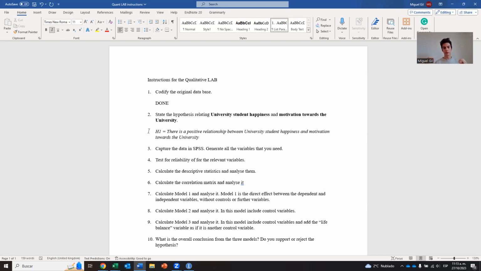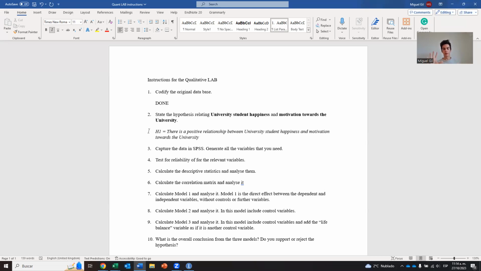So then you assume that, and you want to test if there is a positive relationship between university student happiness and motivation. Also, another important learning from here, we cannot say that motivation causes happiness, because we cannot test for causation. We can only test if there is a relationship or not.